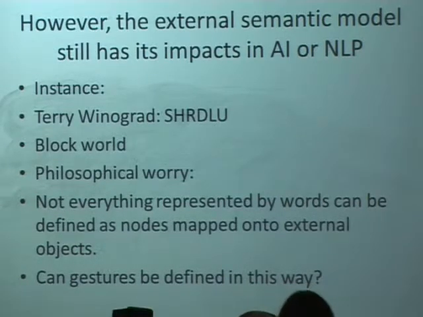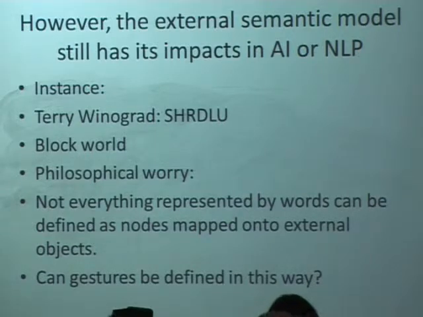I think the most typical case favored by philosophers is Terry Winograd's SHRDLU system. I think this is very classical in the 1970s. Of course, it is too old, but philosophers love that because it looks like the prototype of different block world systems. It looks like the grandfather of everything.